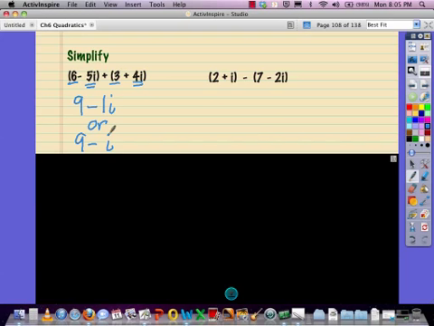Next, let's try the subtraction. Same way, if we have 2 plus i for our complex number and 7 minus 2i for the other complex number, and we're subtracting them, the rule would be real minus real, imaginary minus imaginary. So it's sort of like terms when we were doing variables. So 2 subtract 7 is negative 5.